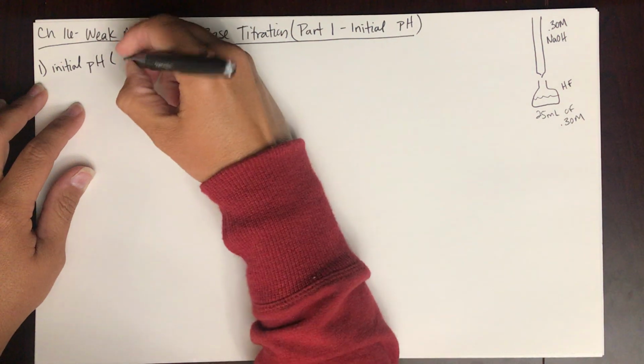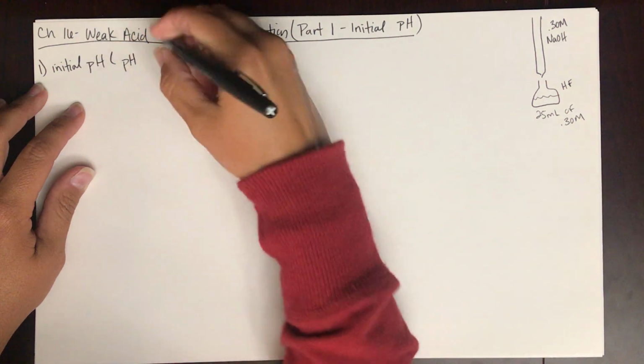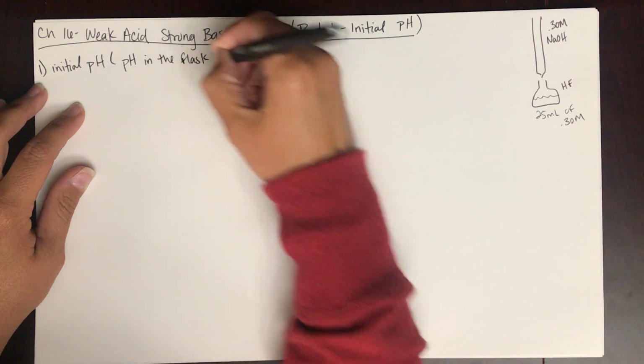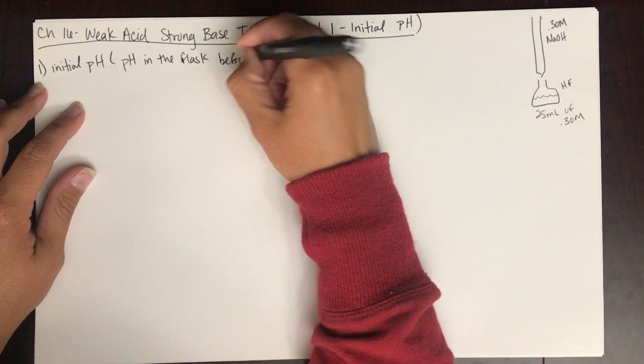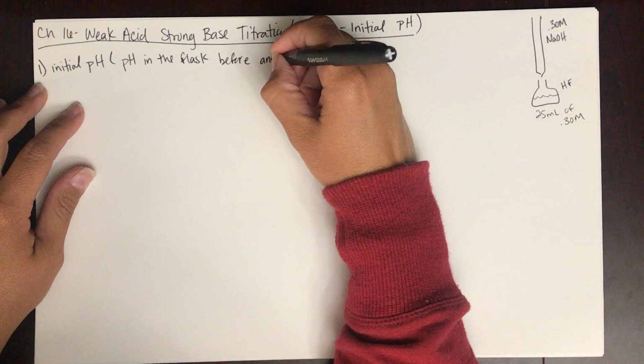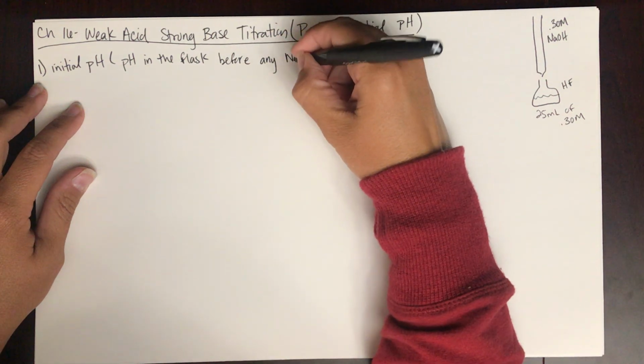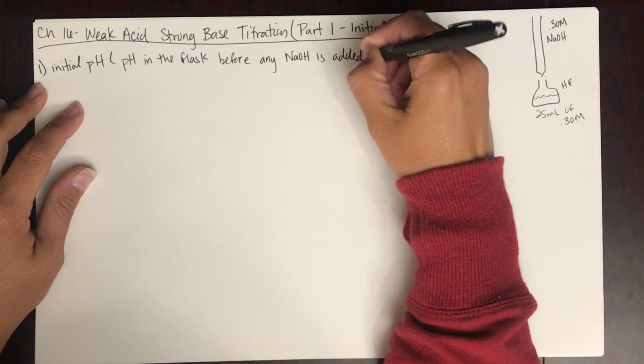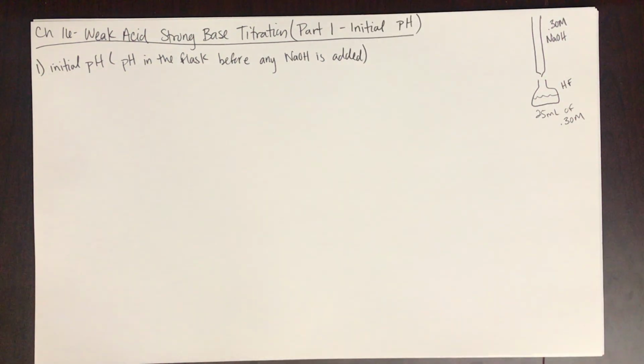This means, what is the pH in the flask before any sodium hydroxide is added? So this is the initial concentration. We've not added any sodium hydroxide yet, so this is just our starting point. What is the initial pH?